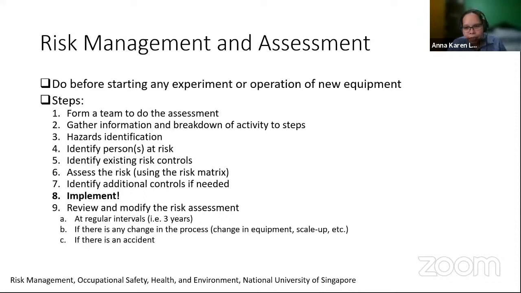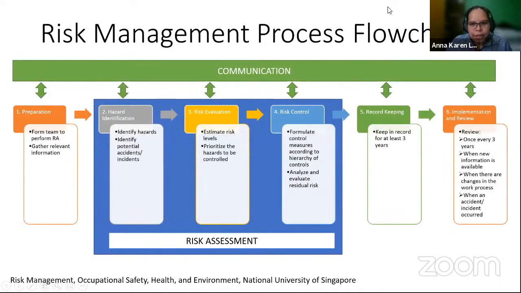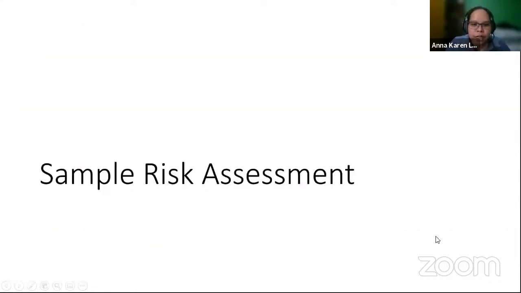Also, if there is an accident, that means your risk controls are not sufficient, so you have to review the risk assessment again and employ additional controls. So this is your risk management process flowchart, highlighting the importance of communication across the different steps.